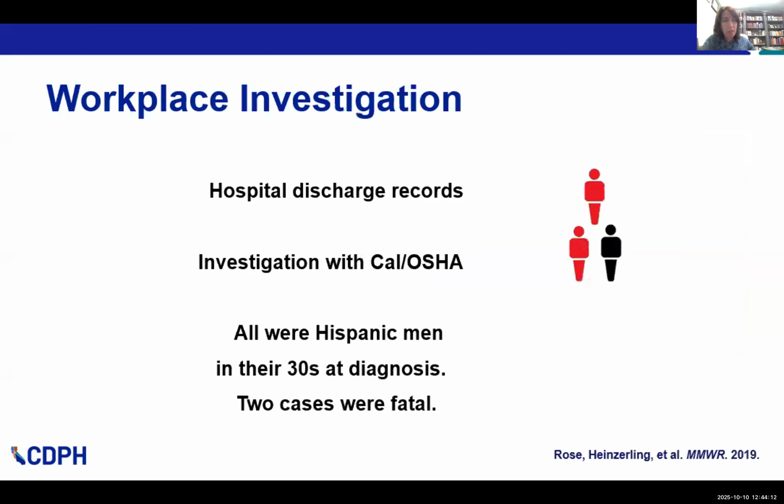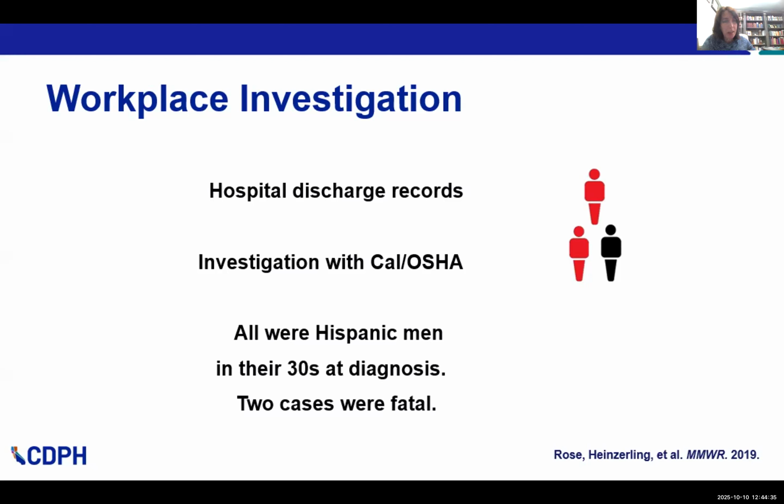And so we conducted a workplace investigation with Cal OSHA, the regulator, that identified 2 additional cases that had occurred among coworkers, including another fatality. So this was 3 cases in one shop. They were all young Hispanic immigrants in their 30s at diagnosis.